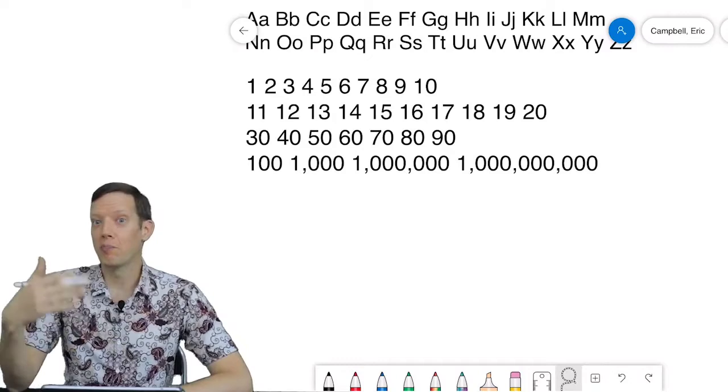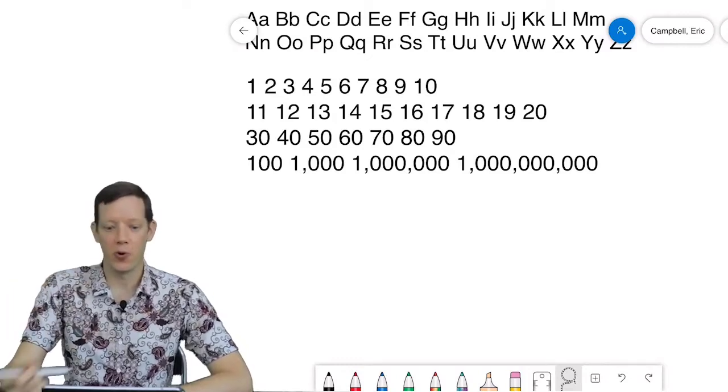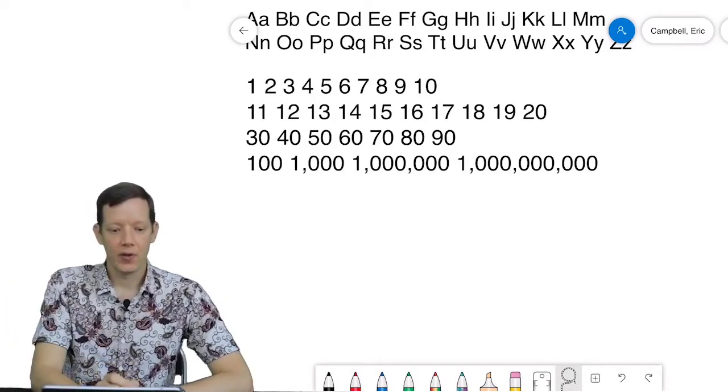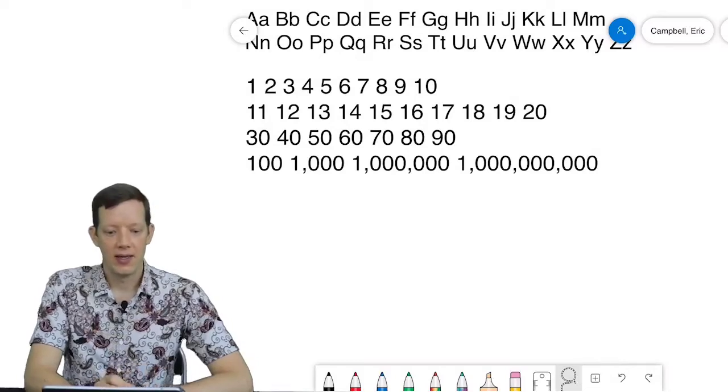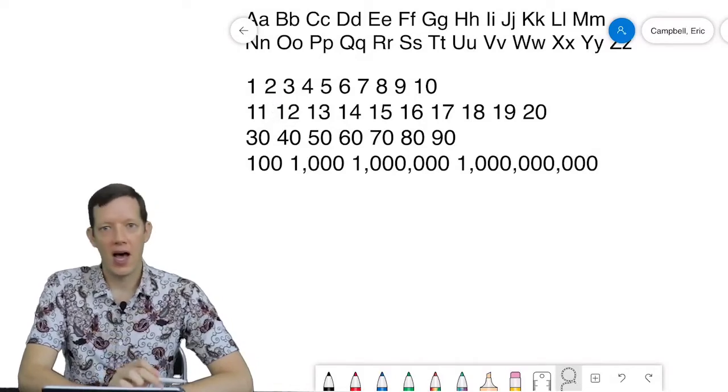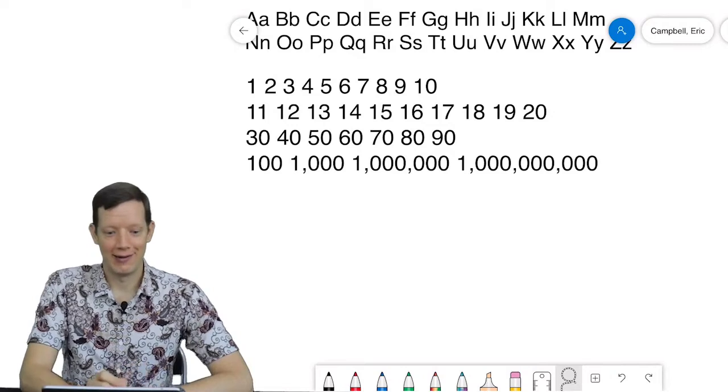But once we start building from there, things get a little more complicated. So the next ones, the teens, have their own pronunciation. This is 11. It's not 1 teen. This is 12, not 2 teen.